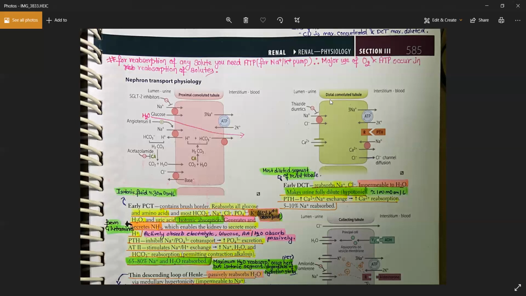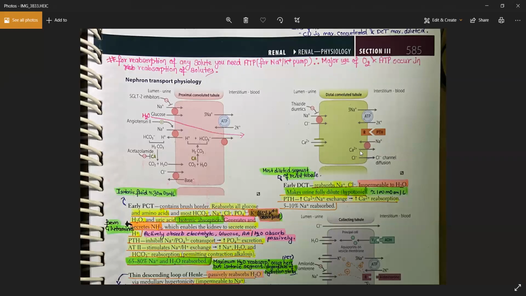The PTH and vitamin D all act on the DCT to reabsorb the calcium. So PTH has two functions. One on the PCT to activate vitamin D3 and to cause the loss of phosphate. In the DCT, it causes the reabsorption of calcium. Is that okay? The PTH hormone. Okay.